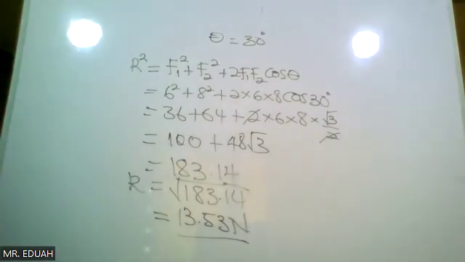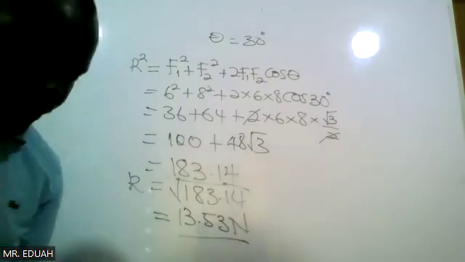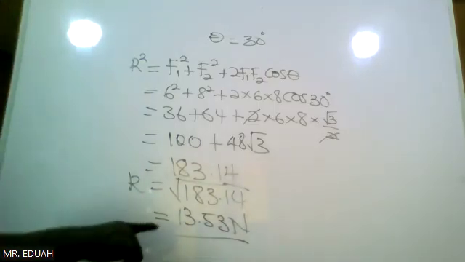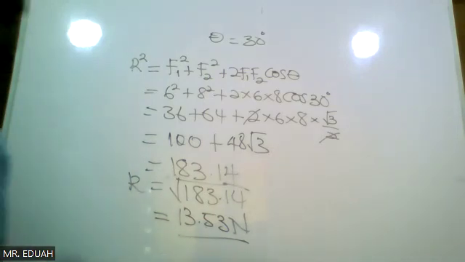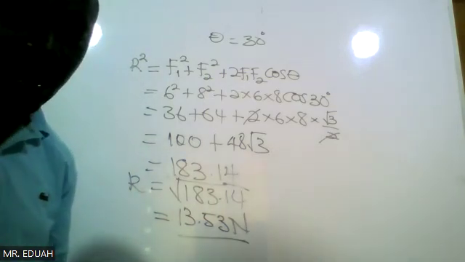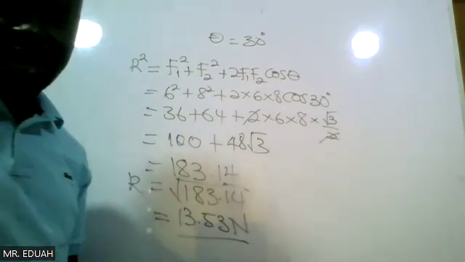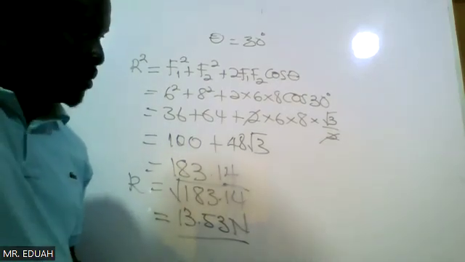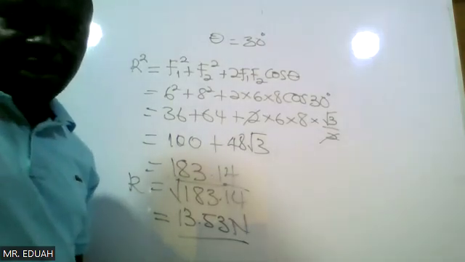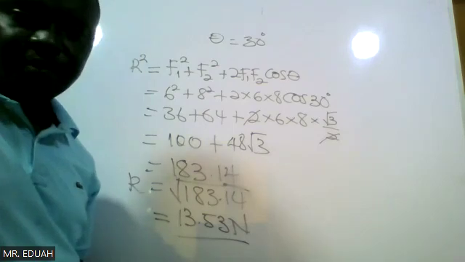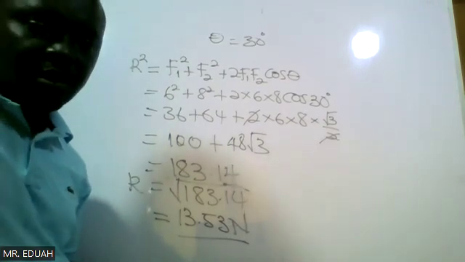So for A, if the angle is 30, anything acute, that's it. Now, let's find the resultant for B. What is the angle between the forces? 90 degrees.